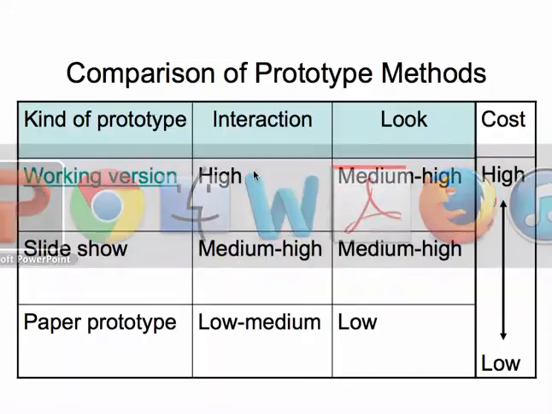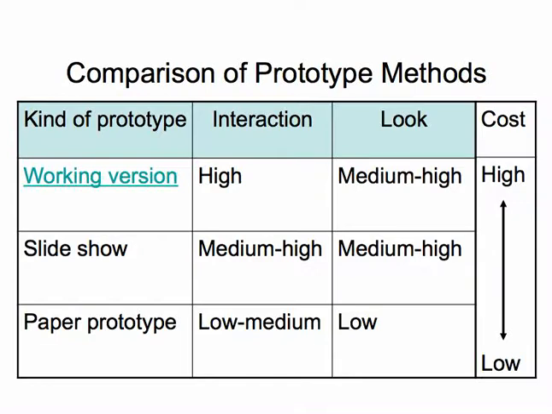We were talking about 3 different kinds of prototypes: paper prototypes, slideshow prototypes, and working versions of the prototype. And in the last segment, I jumped right from a paper prototype to a working version, but I did it using Google Sites, which is a really low cost and easy way of prototyping the next stage from paper to an actual web page or web-based document.